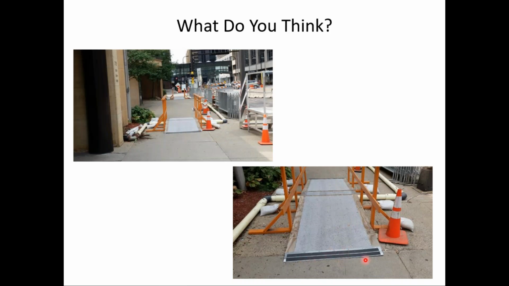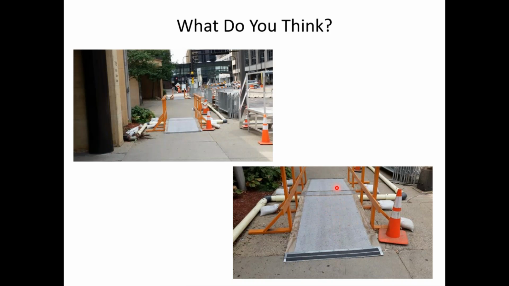I like the way they made sure there was no lip here. It looks like they had skid resistant material on the ramp. I was there as a tourist, so I didn't have my smart level or steel tape with me, but it looked like the width and the grade were okay.